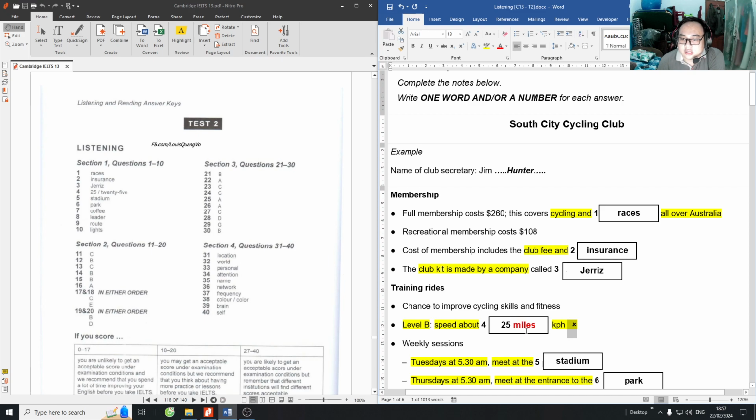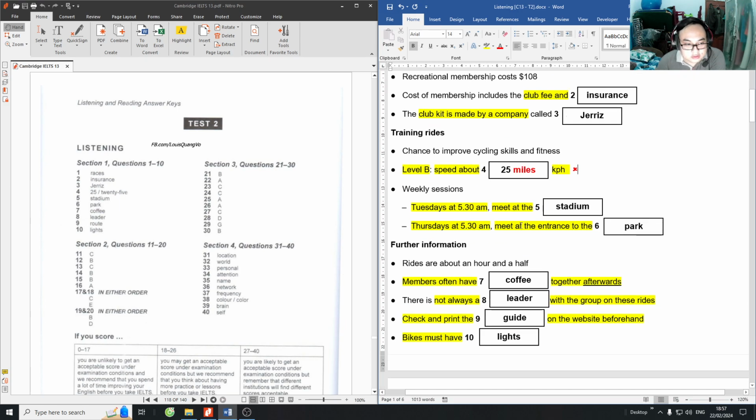I hate this, man. So: stadium, park, coffee, leader, road. Okay.